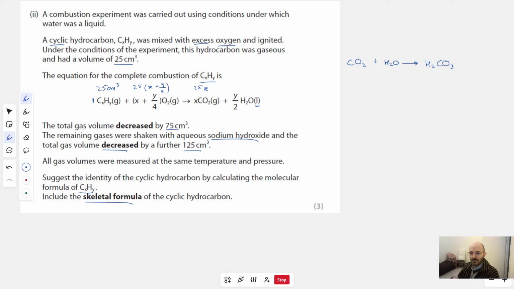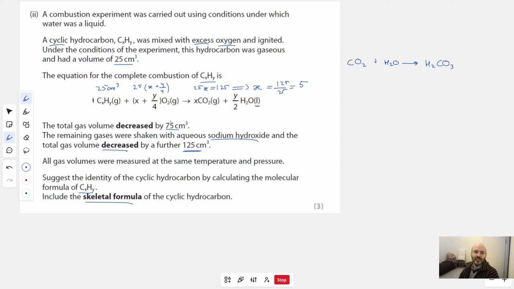Therefore, the volume of gas decreased by 125 because the volume of CO2 is 125, which means x equals 125 divided by 25. So x equals 5.